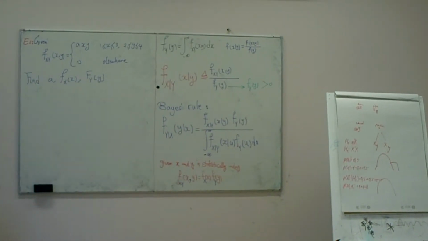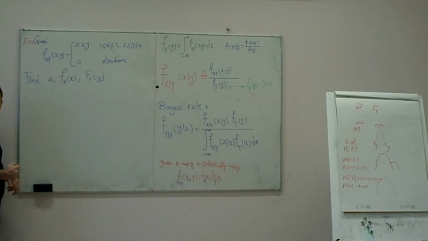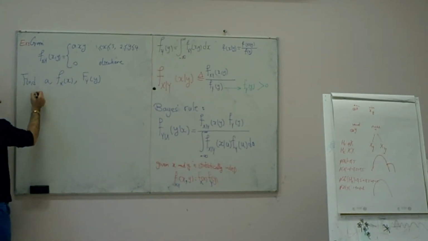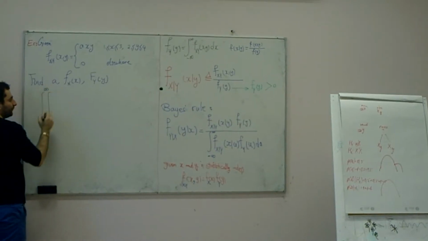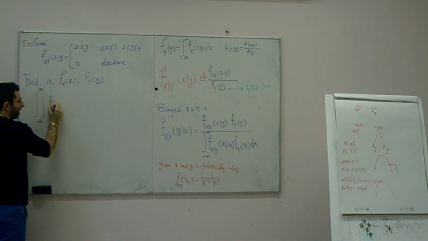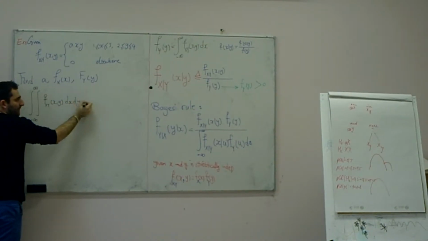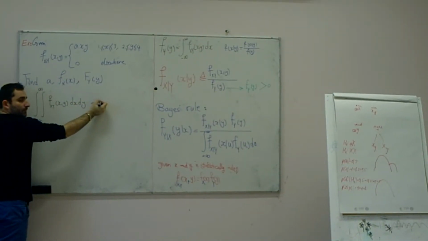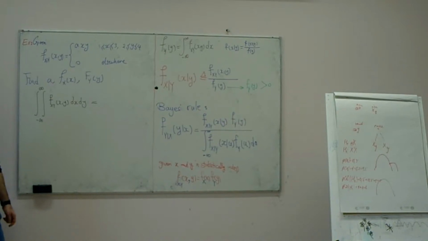I'll do the first part, which is easy, and then I'll ask you to continue with the rest. The first part is finding A. We know this rule: this is equal to 1.